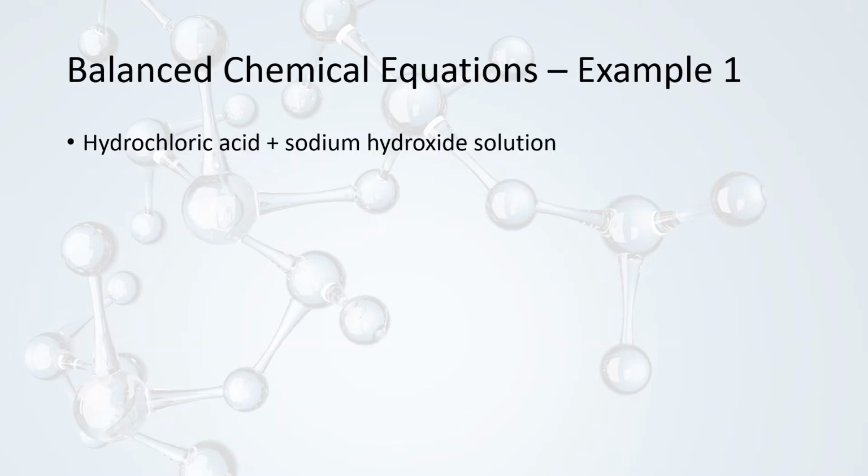Now let's look at writing balanced chemical equations. So the first part is we're going to write the formulas for hydrochloric acid, which is HCl. Now, because it's an acid, it is aqueous. We've also got the formula for sodium hydroxide, and we've been told it's in solution, so it's aqueous. Now, remember, it gives us salt plus water.